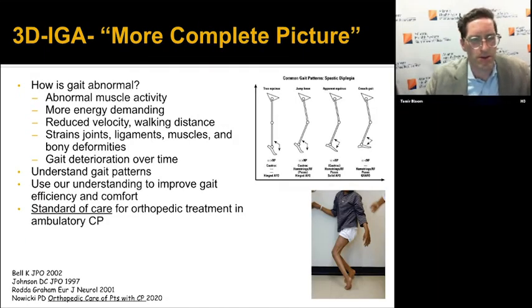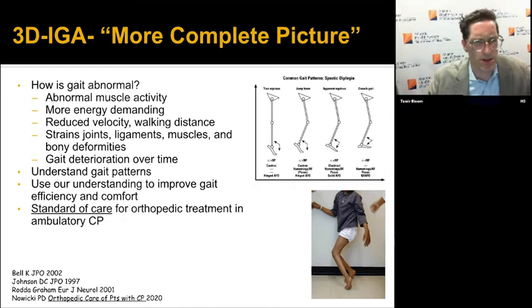So the beauty of gait analysis is it allows us to obtain a much more complete picture of gait abnormalities. And what are some of these abnormalities that we may see in a child like this? They may include abnormal muscle activity, more energy demand, reduced velocity, walking distance, and increased strain on joints, ligaments, muscles, as well as bony deformities.